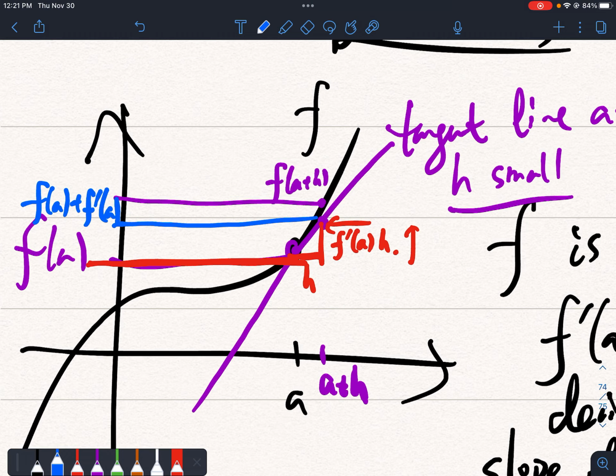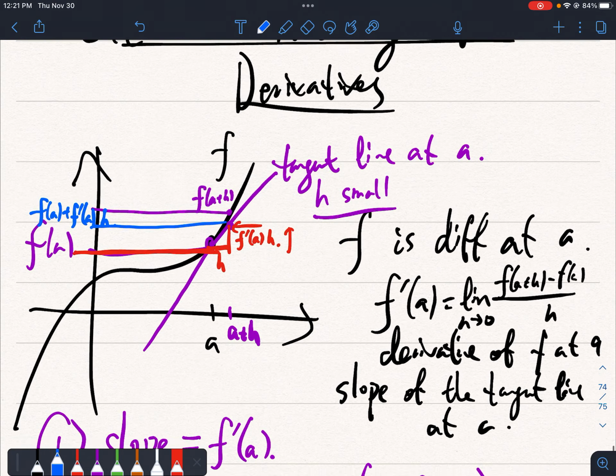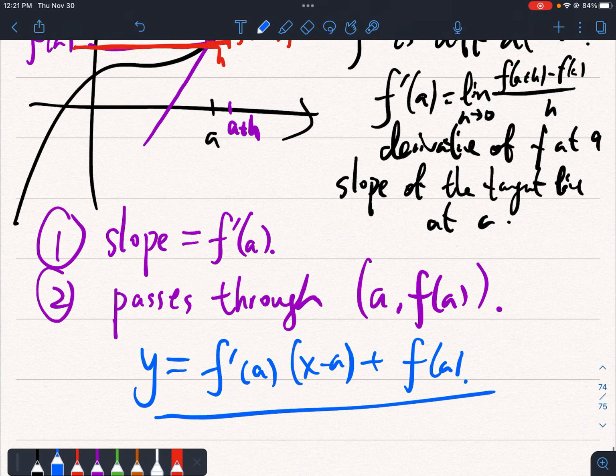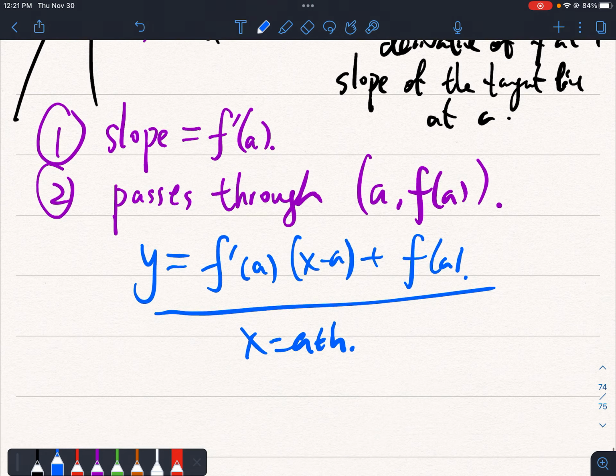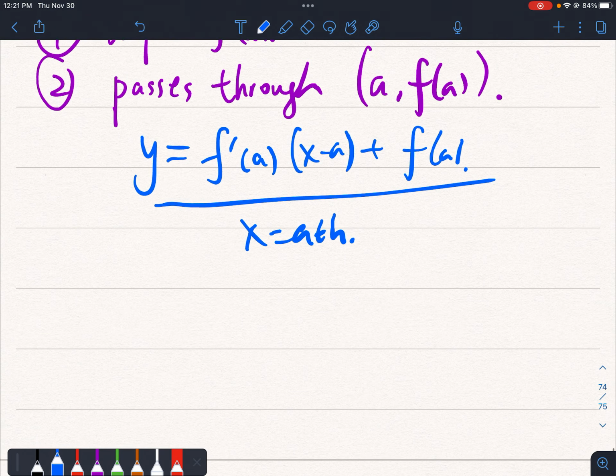So the value here should be f of A plus f prime of A times h, right? Or you can just plug in x equals A plus h, then the y should be f prime of A times h plus f of A, or simply f of A plus f prime of A times h.